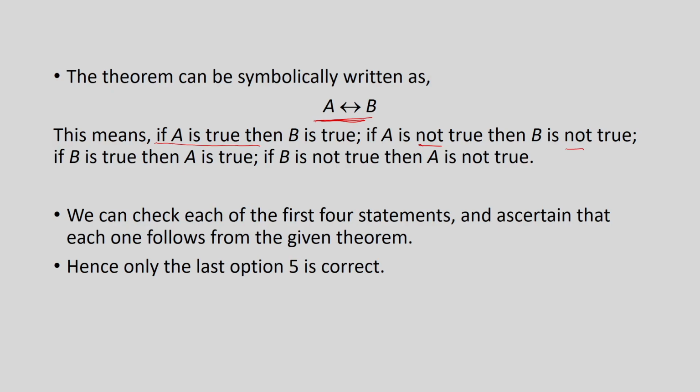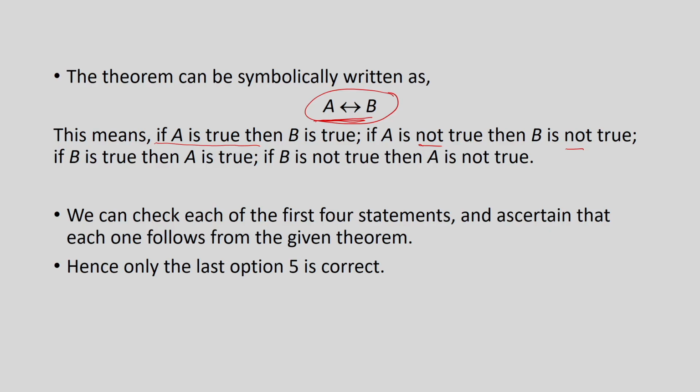That is, B is a sufficient condition for A. And lastly, if B is not true, then A is not true, and this basically means B is necessary for A. So, all these 4 statements actually follow from this A if and only if B.